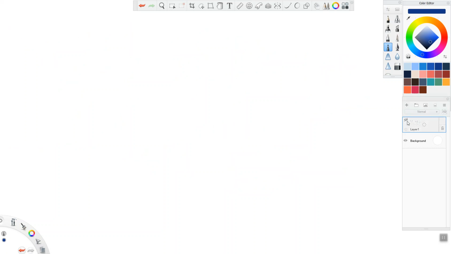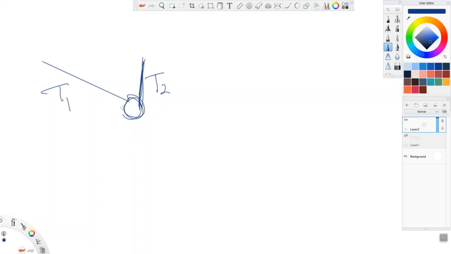If I have an object that is being held at uneven angles, where one angle is more than the other, so let's do a steep angle and a short angle, we'll call this tension 1 and this tension 2. Since this object is held more overhead of the second cable, tension 2 is always going to be less than tension 1.